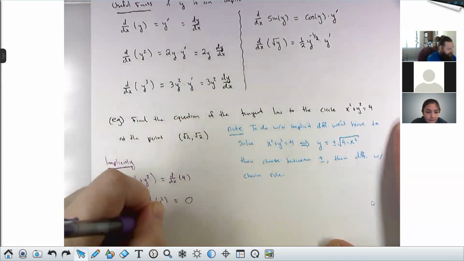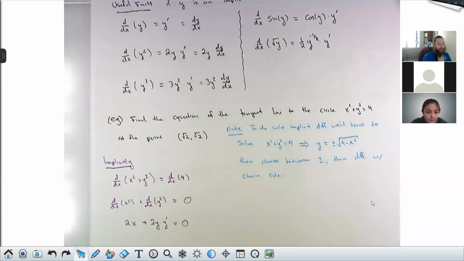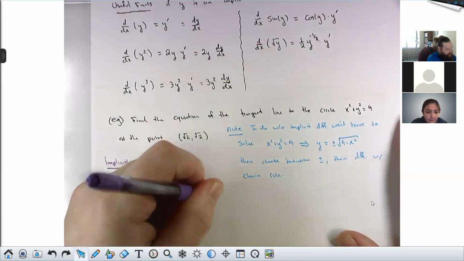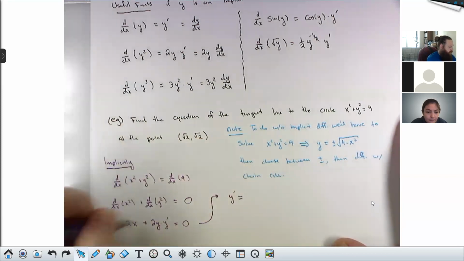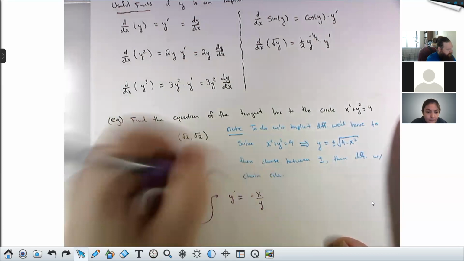I'll write it as 2y times y prime. Okay. So for y prime, I subtract the 2x over here, divide by 2y, and get negative x over y.